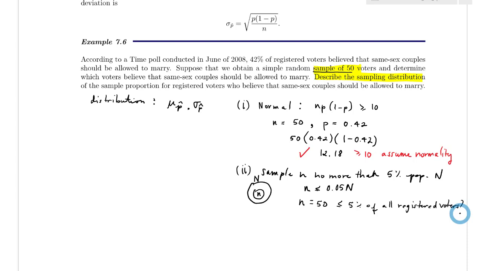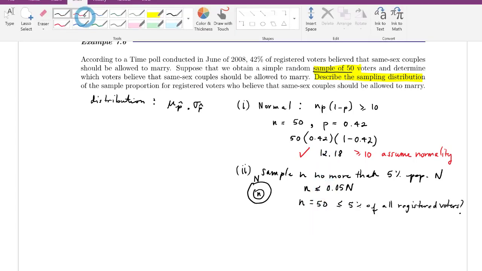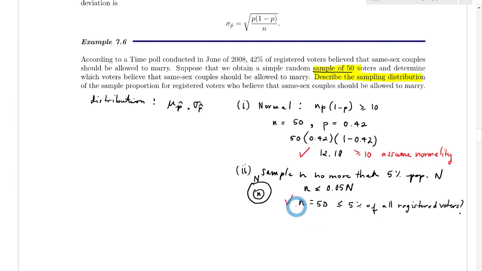Do you think that's going to be less than or equal to 5% of all registered voters in the United States? I think so. So at this point, you'll need some common knowledge, and we usually assume this holds for this class. It's only when you really get to research methods that you're going to have to pay really close attention to this criteria. So I would say 50 people is definitely less than 5%.